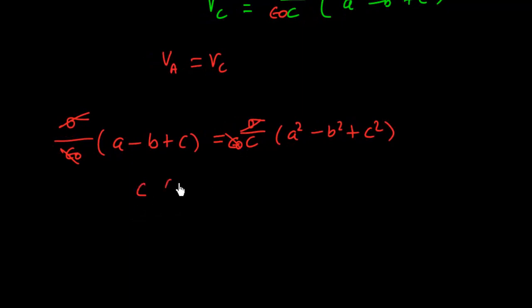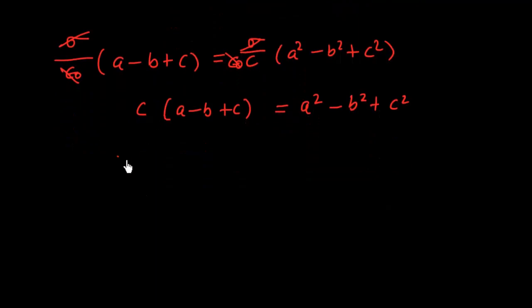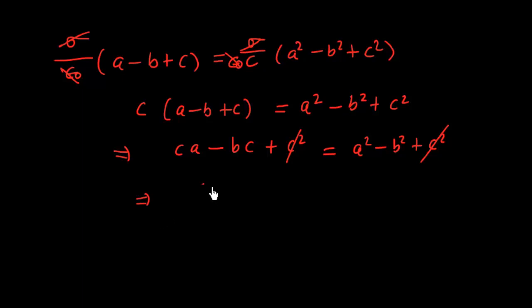So c times (a minus b plus c) equals a square minus b square plus c square. This comes out to be ca minus bc plus c square equals a square minus b square plus c square. c square again cancelled, and c is common with (a minus b), and a square minus b square can be written as (a minus b) times (a plus b). a and b are unequal, so a minus b is not 0 and it can be cancelled here.